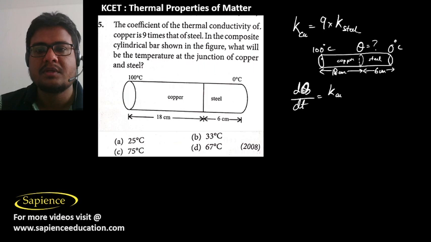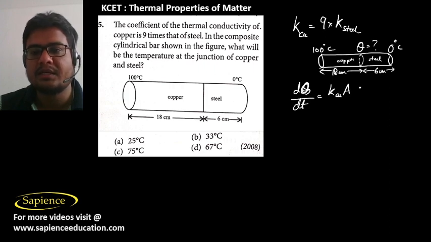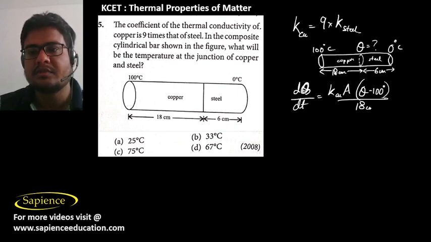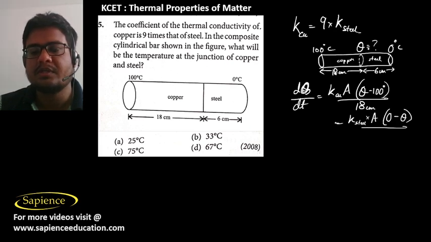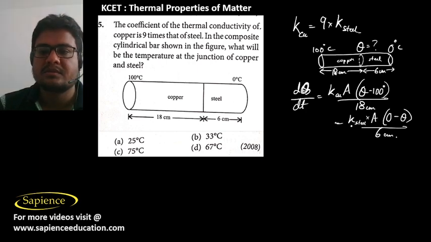That is also equal to k of steel into A into (0 degree minus theta) divided by 6 centimeter. So these two are the same.